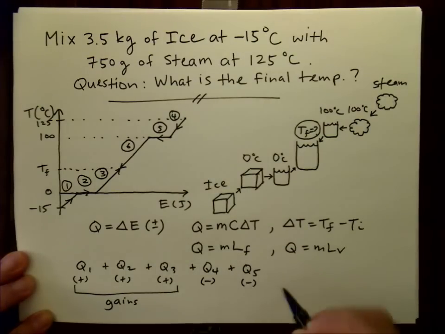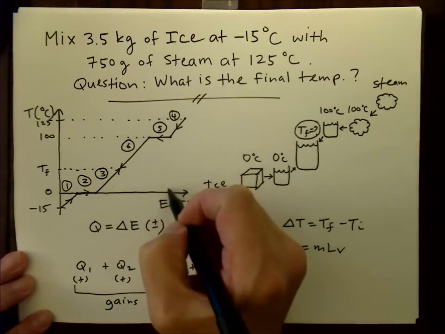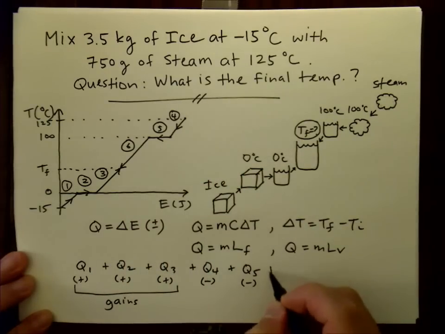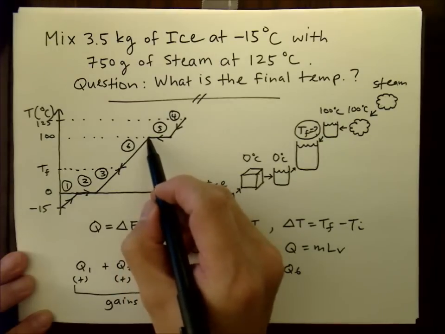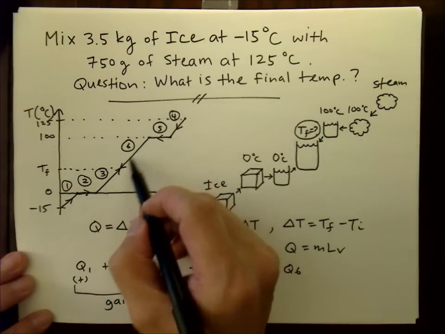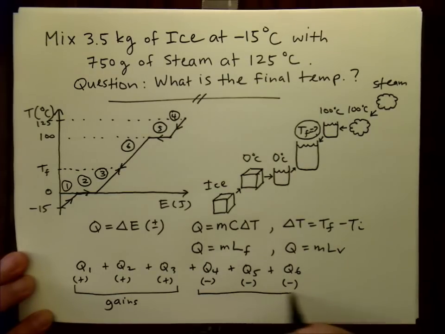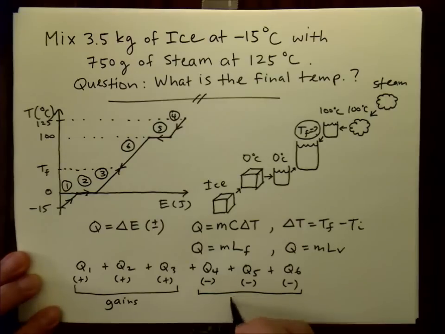And again, this term has to be negative because it starts out with higher energy here and ends up with lower energy here. And lastly, Q6, where again the steam that now is water begins to drop in temperature. Of course, that drop in temperature is going to lead to a negative term. All of these are losses, and so therefore negative.